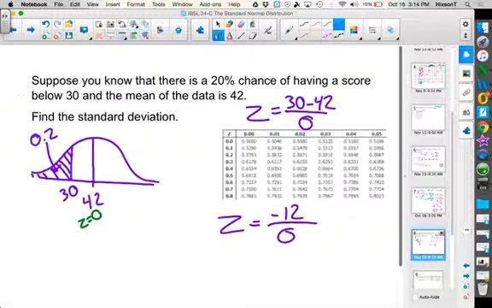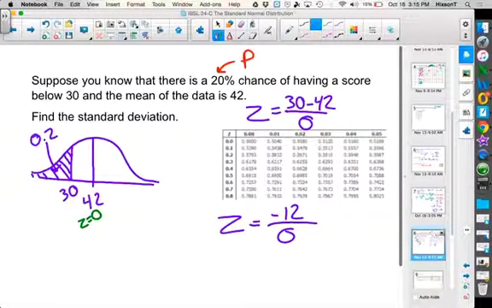And you're saying, okay, well, how does that help us? Well, watch this. This is where the 20% comes in. We know Z is going to be negative. So to find out what it is, using our standard normal table, we have to think in terms of a complement. Instead of looking for the 20%, because we're not going to find it, we should look for 80%, okay?